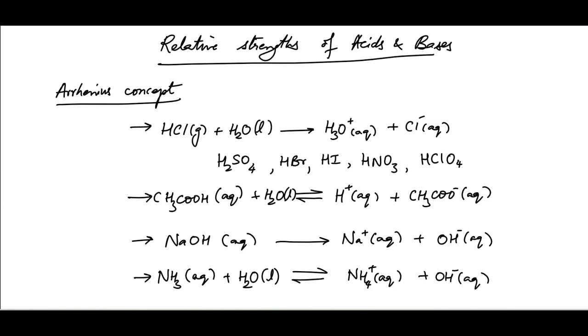Agreed? Now we will understand the same relative strengths of acids and bases as per the Bronsted-Lowry concept also. So what is the Bronsted-Lowry concept? We understood in the previous video that whenever a substance releases a proton in aqueous solution, it's an acid.